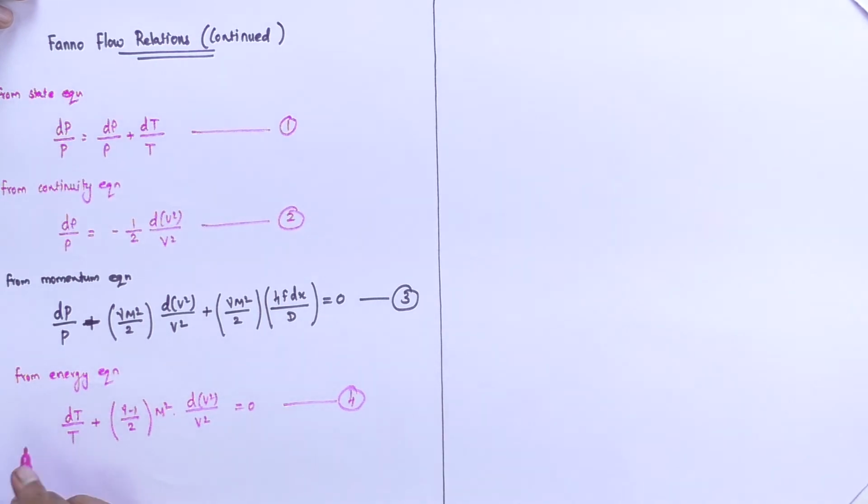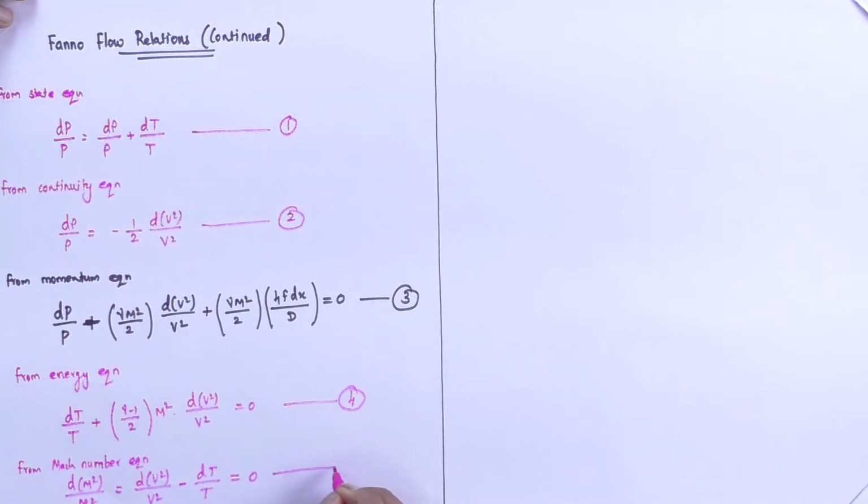Then finally, we have a relation from the Mach number relation. Similar to the above equation, it also relates temperature, Mach number and velocity. So, we have a relation d of M square divided by M square is equal to d of v square divided by v square minus dT by T is equal to 0.